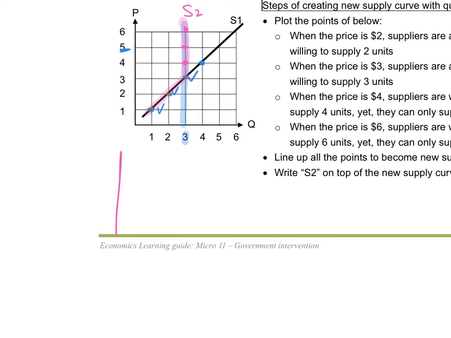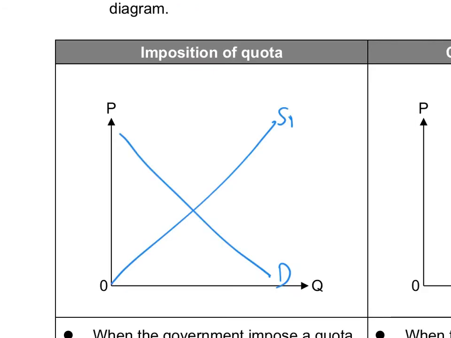It is an upward slope, then it goes vertical at the quota quantity. So what is the effect of imposing a quota, and why would some governments do that? Let's check. At the very beginning, it is a free market, so we have an equilibrium here, and we draw P1, Q1.